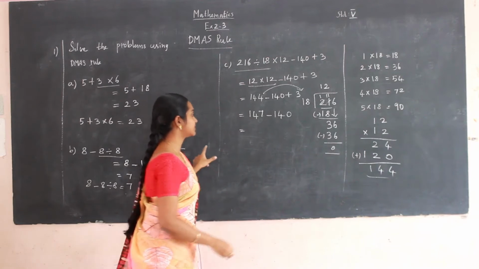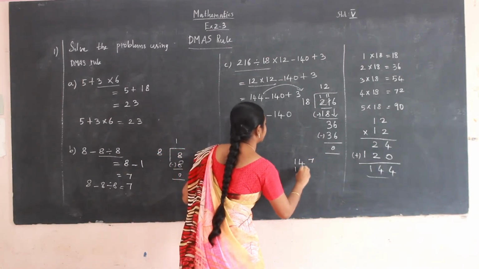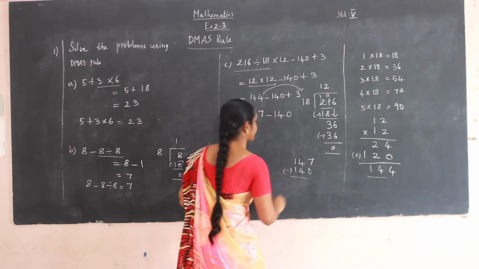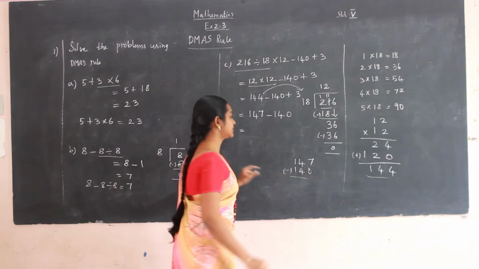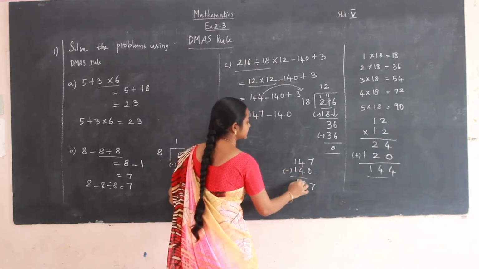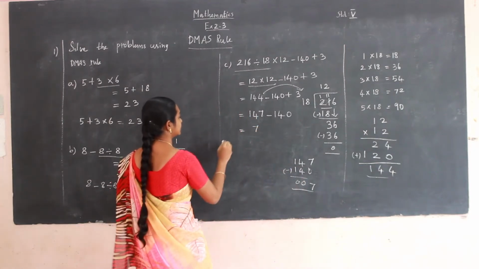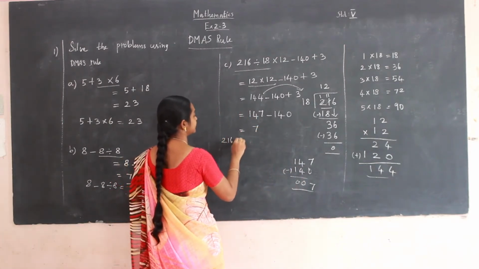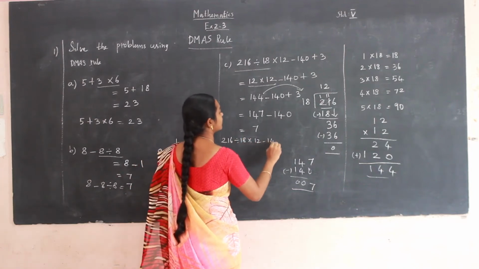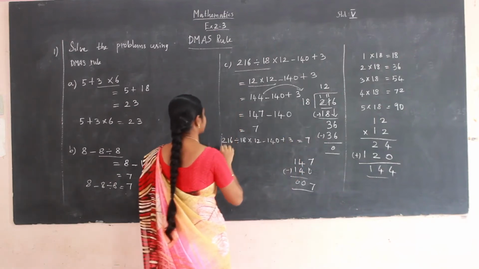Now we are going to subtract 147 and 140. 7 minus 0 is 7. 4 minus 4 is 0 and 1 minus 1 is 0. So the answer is 7. 216 divided by 18 into 12 minus 140 plus 3 equal to 7.